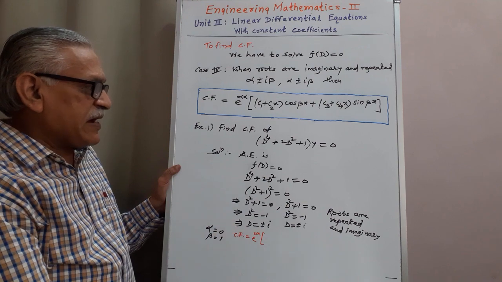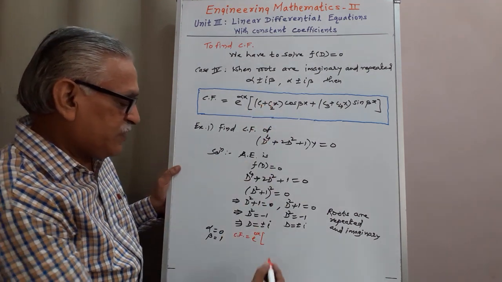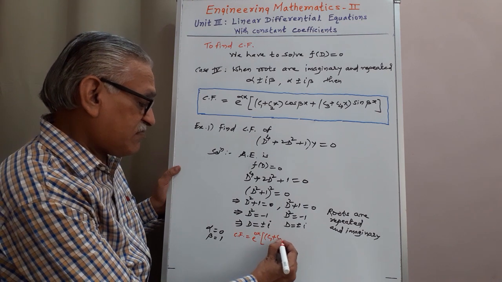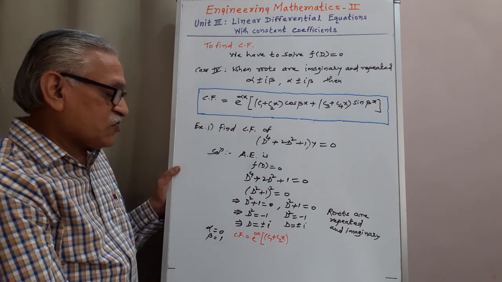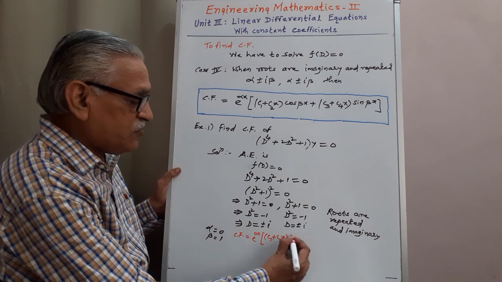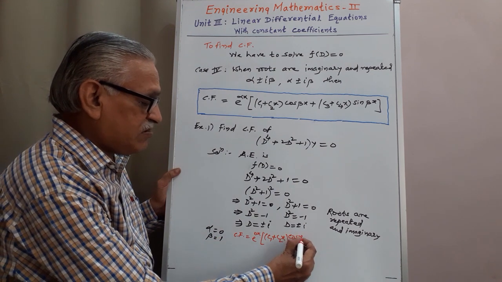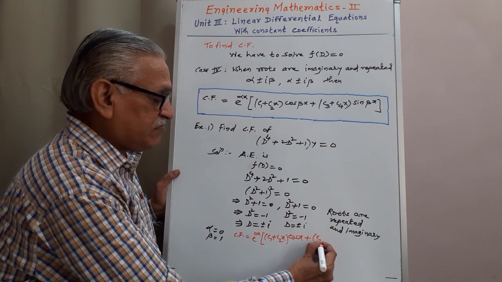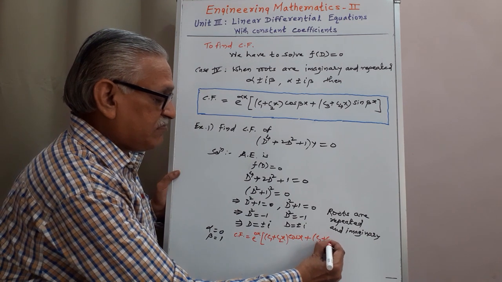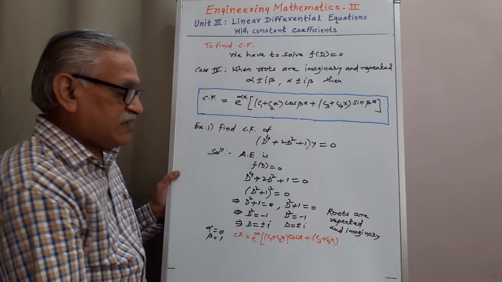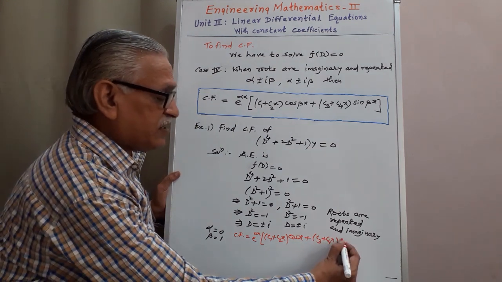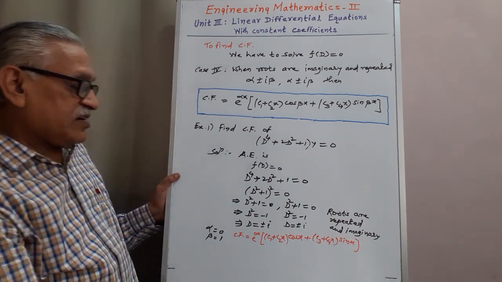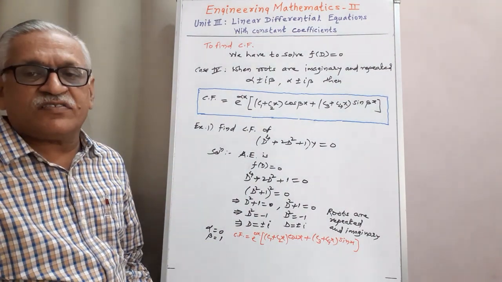As it is repeated imaginary, (c1 plus c2x) into cos of beta x, beta is 1, therefore cos x, plus (c3 plus c4x) into sine of beta x, sine of x. Okay, this is the required CF.